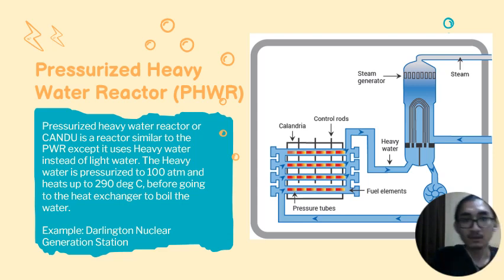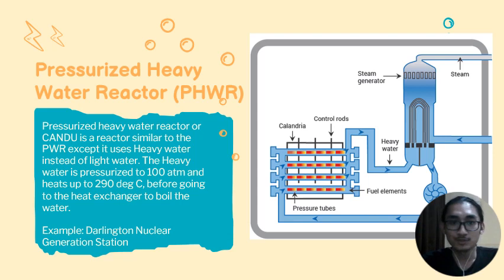Next, we have the pressurized heavy water reactor, also known as the CANDU reactor, which is used in Canada and other places such as India and France. This kind of reactor works exactly the same as a pressurized water reactor, except it uses heavy water, or deuterium oxide, instead of normal water.